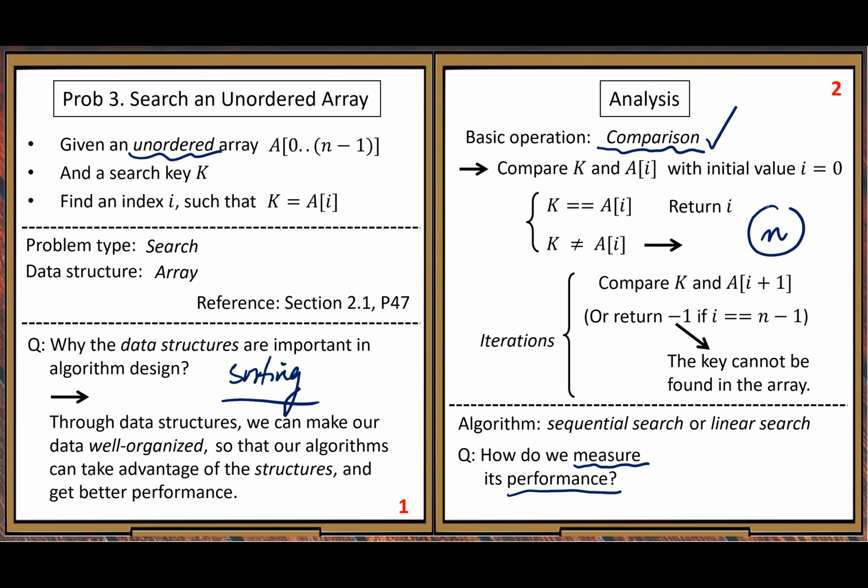Because we need to compare the search key with all the elements in the array. That's the worst case. If you use the worst case, that means you give people the impression that we need to use n comparisons. Is it the best way to describe the search performance?